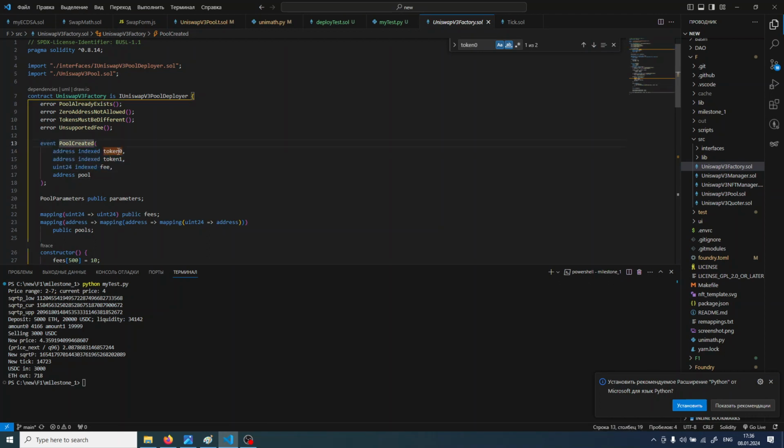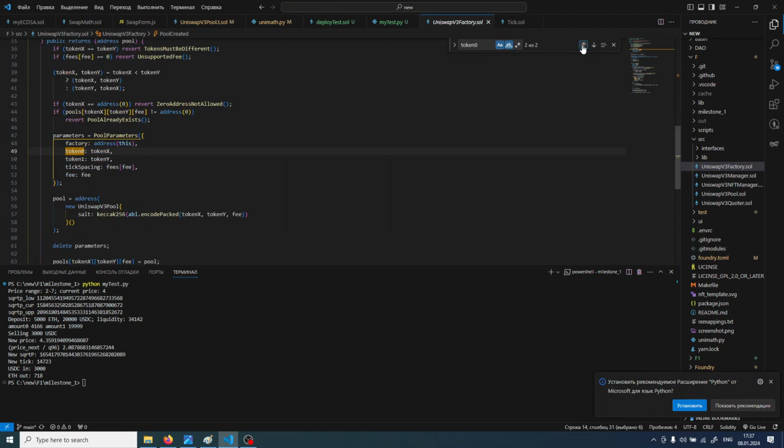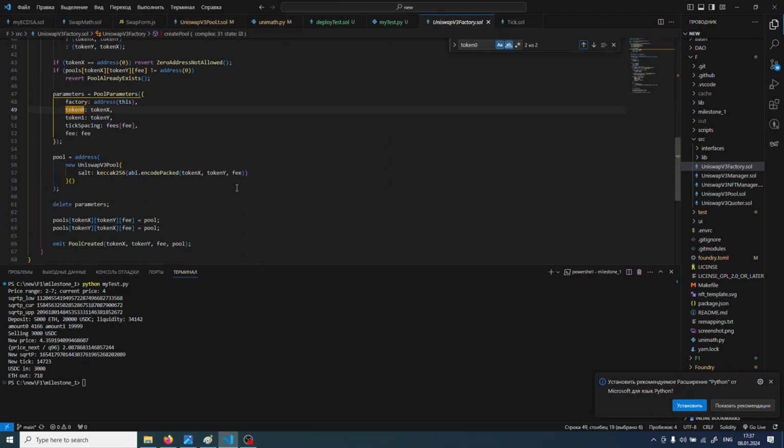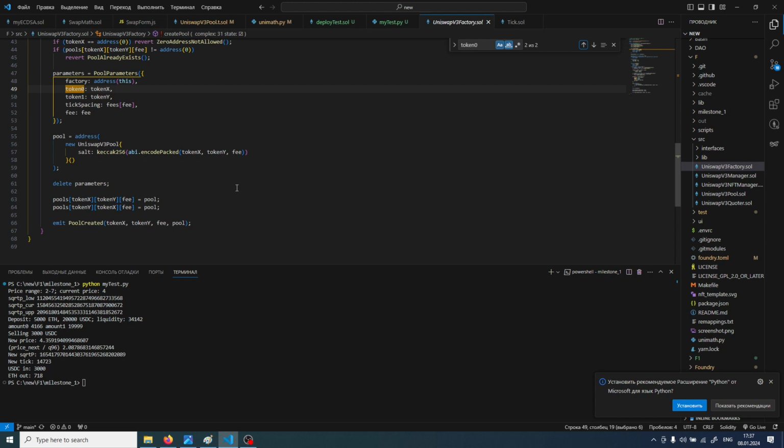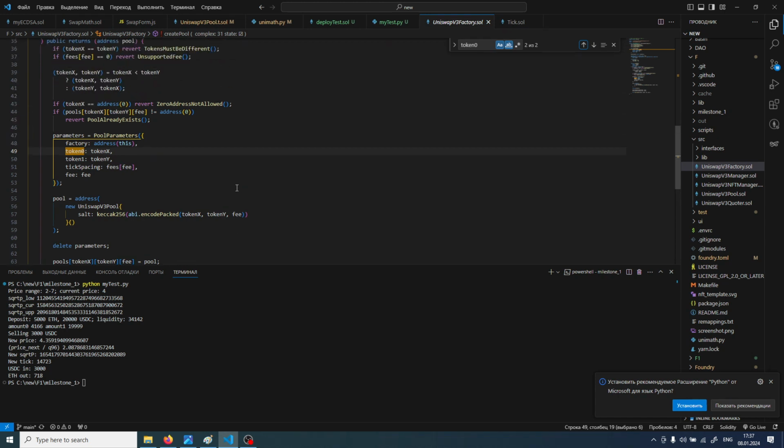So pool created, we see token 0, token 1 and fee. These three details are the three components for calculating the pool address. And where is the comparison?